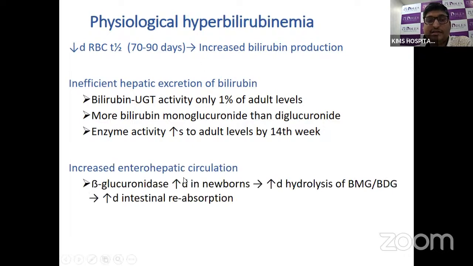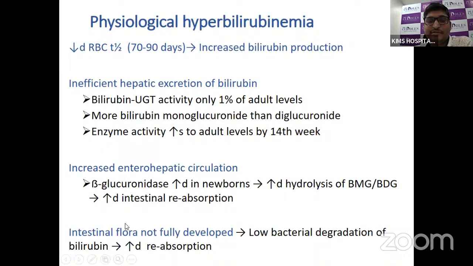Next is the increased enterohepatic circulation. Here, there is increased beta-glucuronidase activity in newborns, and even in the presence of bacteria it can lead to increased hydrolysis of mono- and diglucuronides and increased intestinal reabsorption.